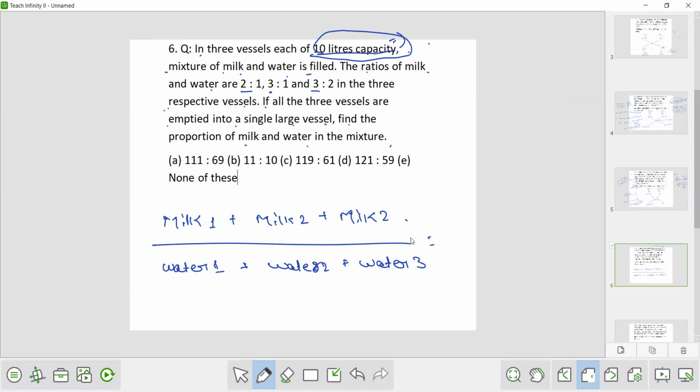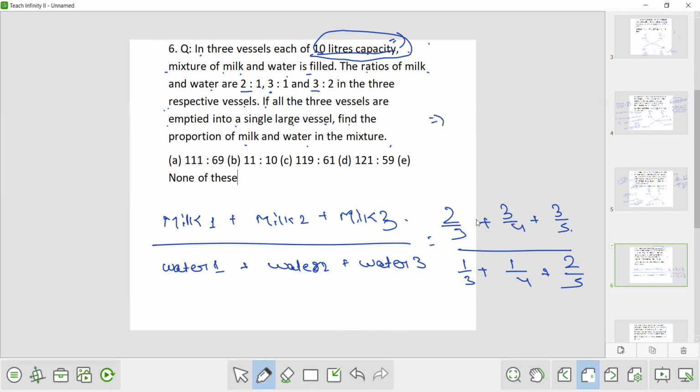So how much is the milk in vessel 1? This is 2 by 3, plus milk in vessel 2, 3 by 4, plus milk in vessel 3, that is 3 by 5, upon water in vessel 1, that is 1 by 3, plus water in vessel 2, that is 1 by 4, plus water in vessel 3, that is 2 by 5.